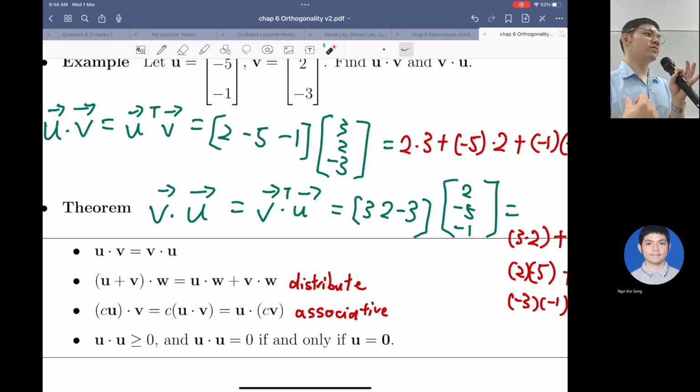But this is not true in this case. So u dot u is 0 if and only if u is 0.